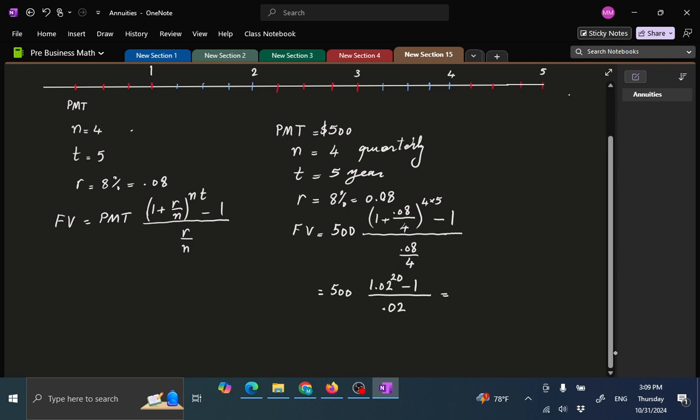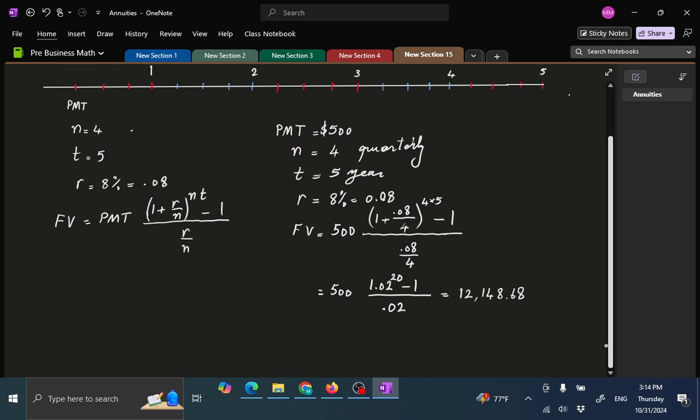Let's go ahead and use our calculator to find out what this is. So we calculate this and it turns out to be $12,148.68.